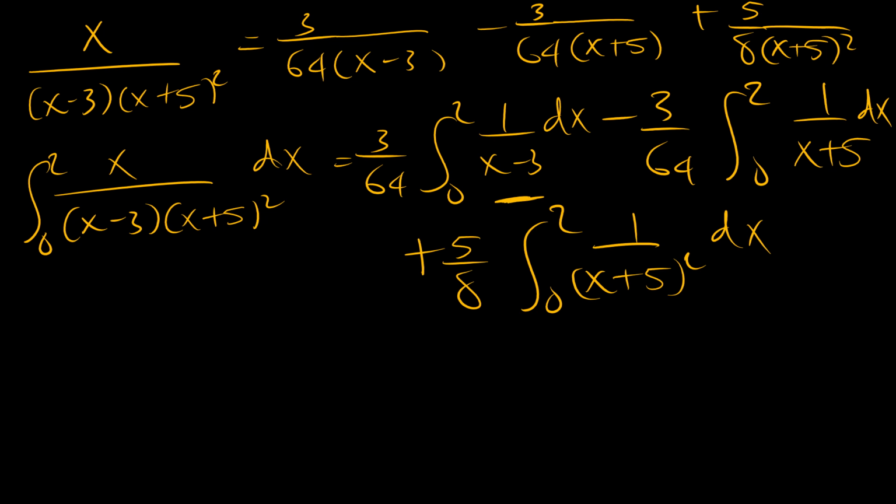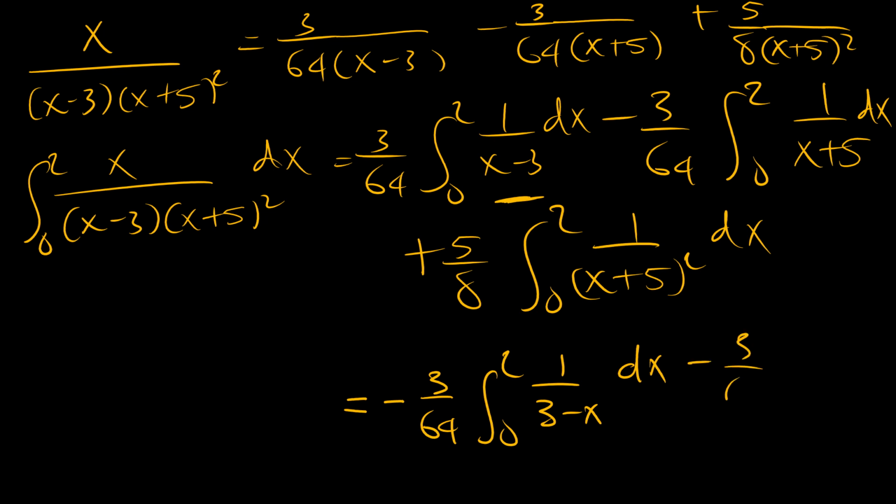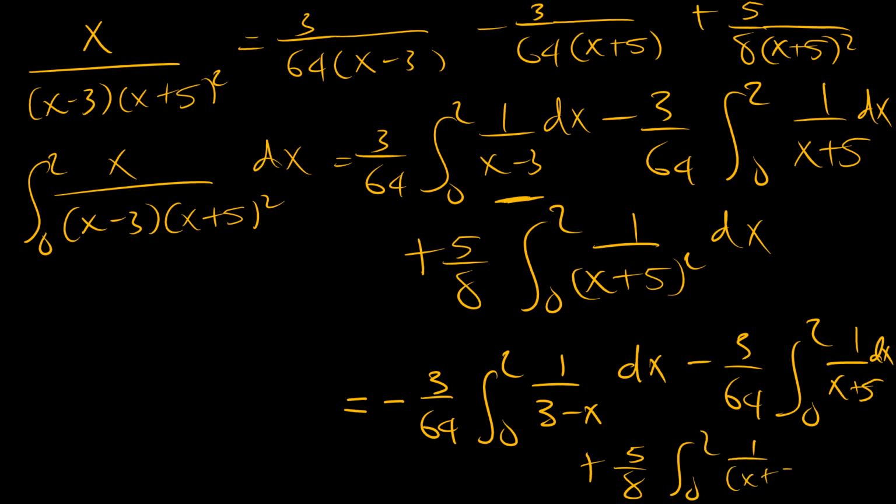And so when you integrate, this becomes a natural logarithm of x minus 3. So we can also express this as negative 3 over 64, 0 to 2, of 1 over 3 minus x, right? So we've just reversed things here. Minus 3 over 64, 0 to 2, 1 over x plus 5, plus 5 over 8, 0 to 2, 1 over (x plus 5) squared.